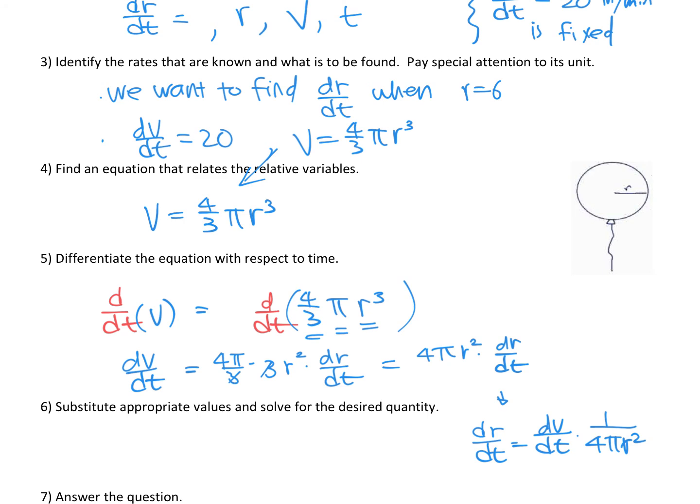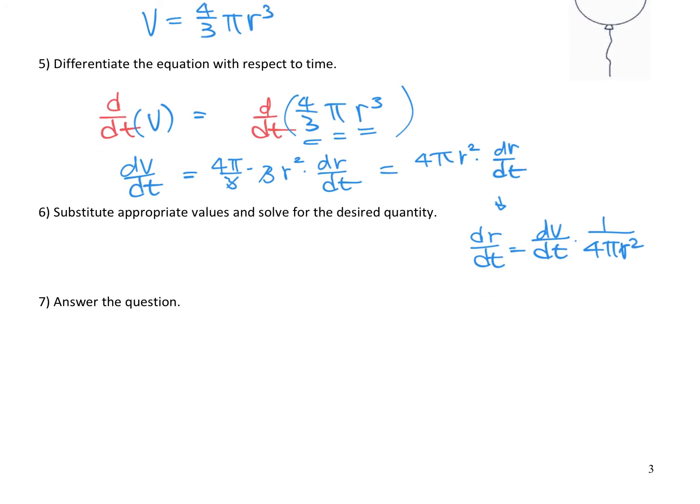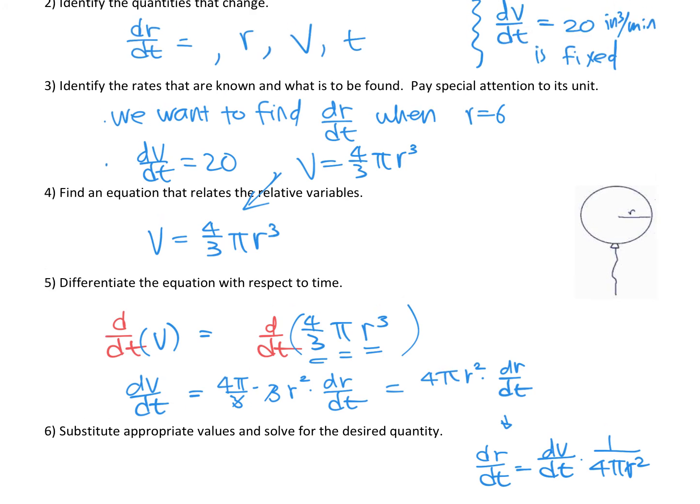So like when I'm here, how do I solve for that? dr/dt. I'll just have to divide by this. So dV/dt times 1 over that. So I have that much. Okay, so next step is, do I know dV/dt? Let's go back here. What did I say? Oh yeah, dV/dt is 20. Okay, got it.